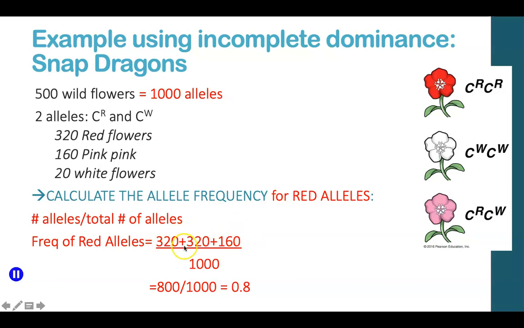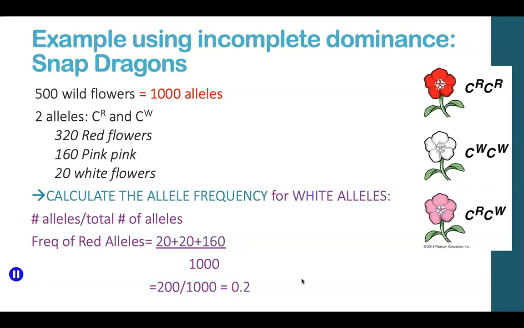So our total number of red alleles is going to be 320 plus 320, because each red individual has 2 alleles, plus the number of alleles that are found in those pink flowers, 160. So the frequency of the red alleles is going to be 800 divided by 1,000, or 0.8. Our frequencies are always going to be written as a decimal, not a percentage, unless I specifically ask you for the percentage in the population. Just go ahead and leave it as a decimal. If you need to round, round to 2 decimals, unless it says otherwise.